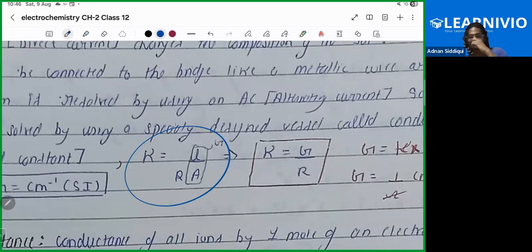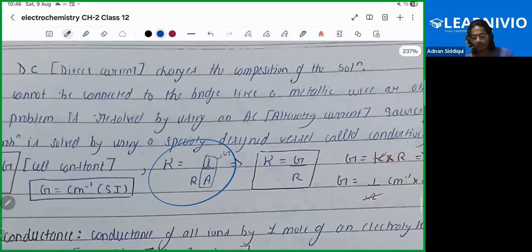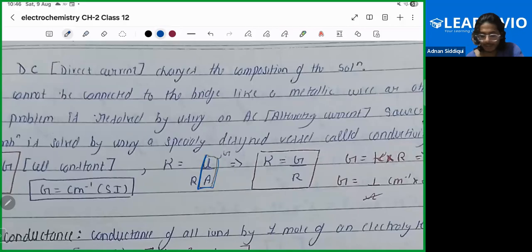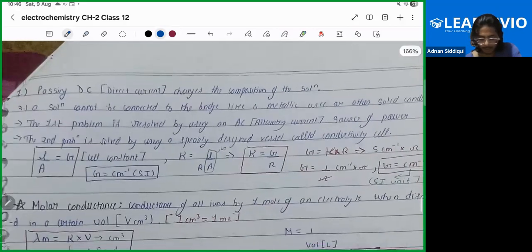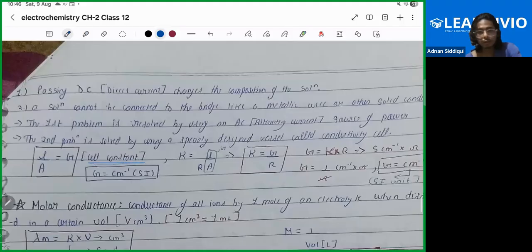This length divided by area, you are going to consider it as G. And this G is nothing but your cell constant. By taking your length and area as a constant, you are going to create a thing which we call cell constant. And this cell constant is basically your conductivity cell's constant, which is going to help you to determine the kappa conductivity.